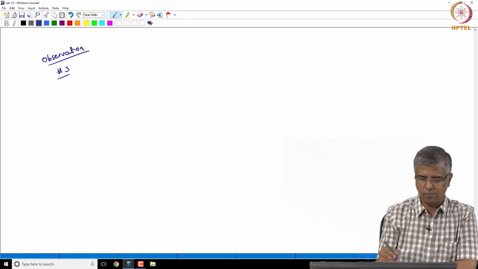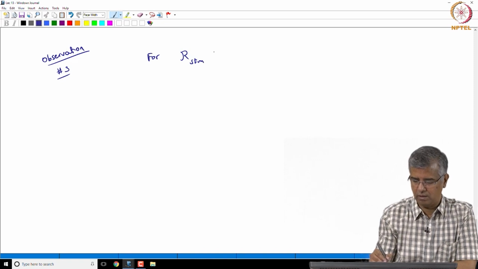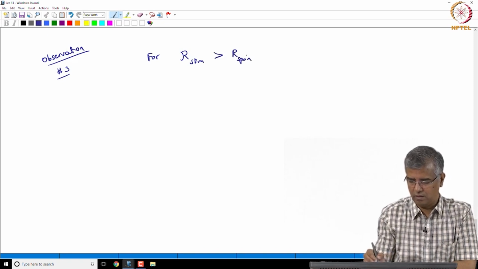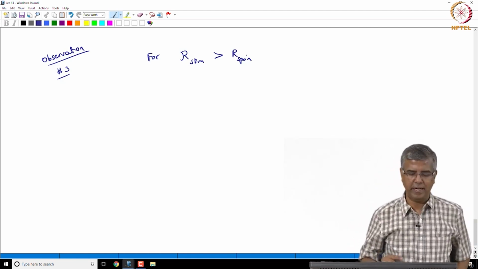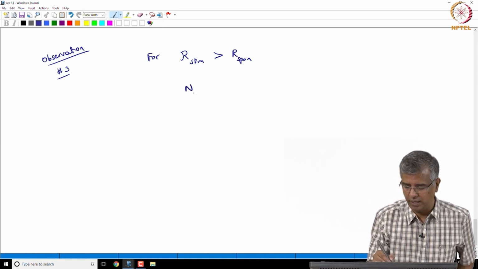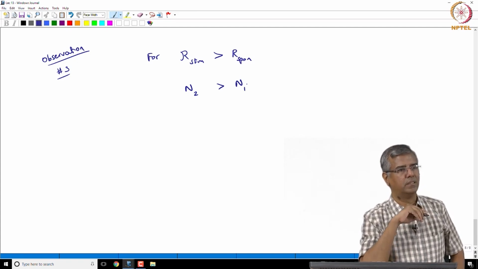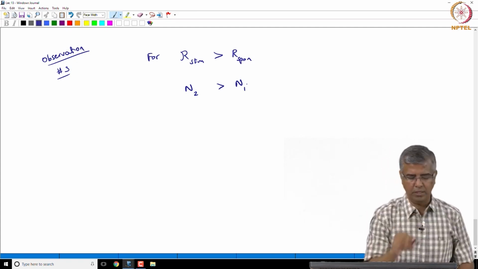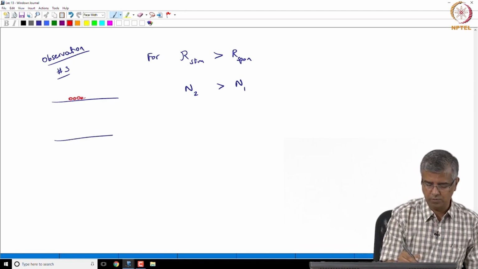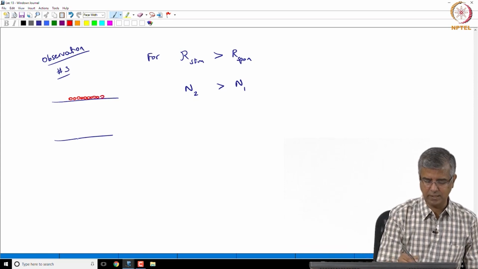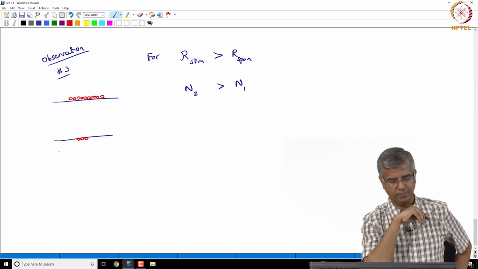Right. So, if you want to get the stimulated emission rate to be greater than the spontaneous emission rate, you essentially need to have N2 greater than N1, right. So, you need to have essentially more number of atoms at an excited state compared to the lower energy level.